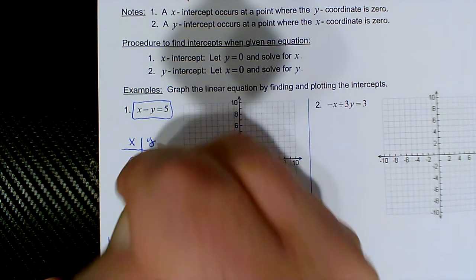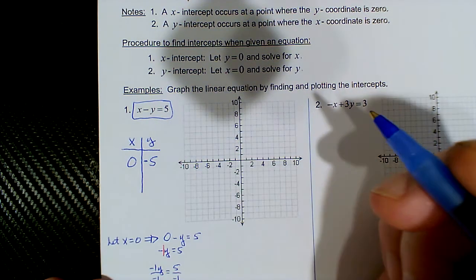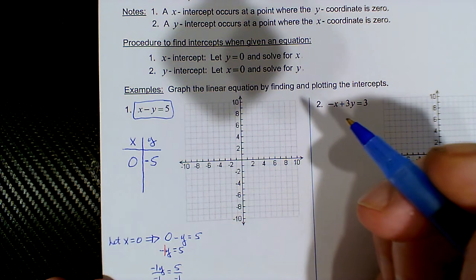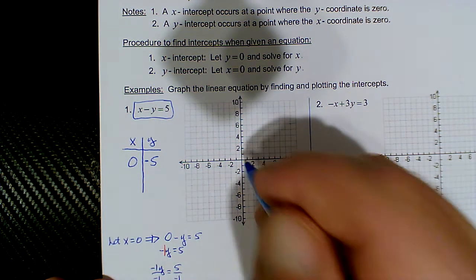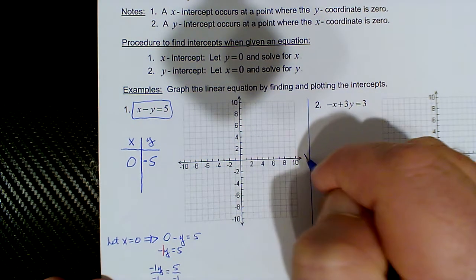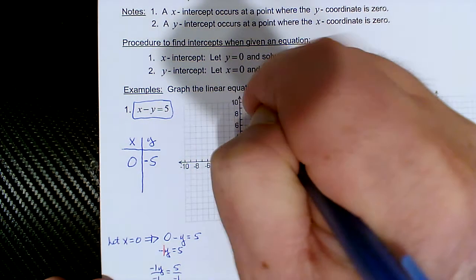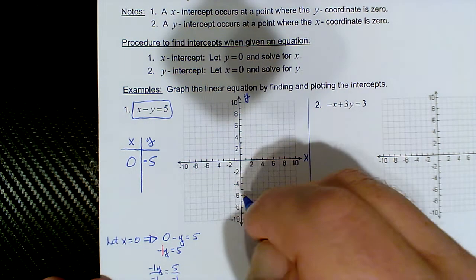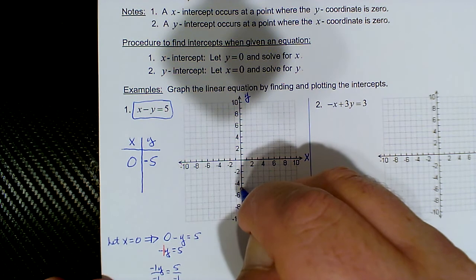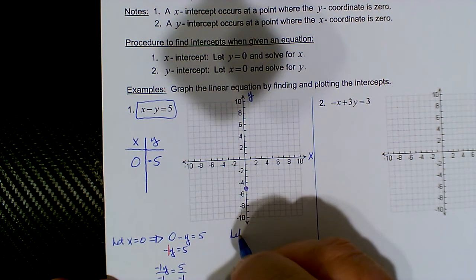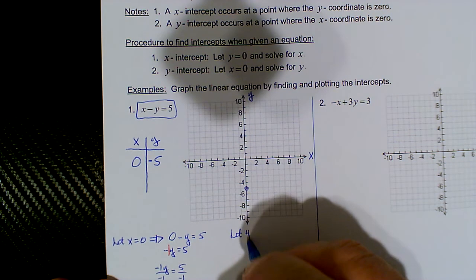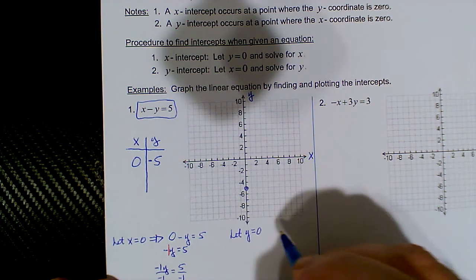So that's the ordered pair 0, -5 that represents the y-intercept, because we let x be 0. Here are the axes labeled. 0, -5 would be one of the points. And then to find the x-intercept, we'll let y equal 0.